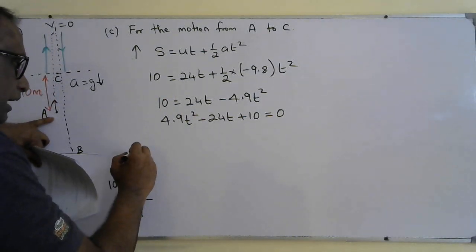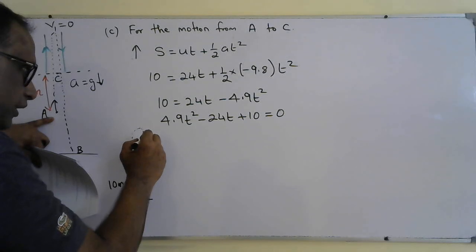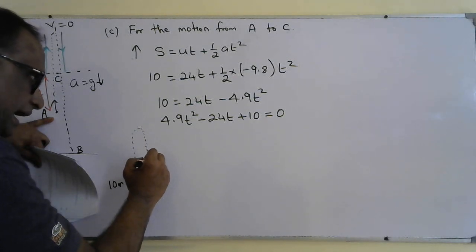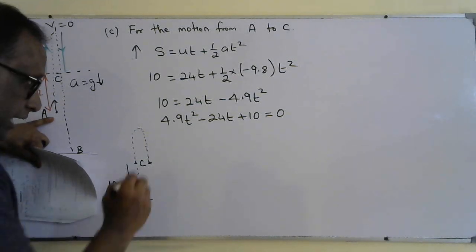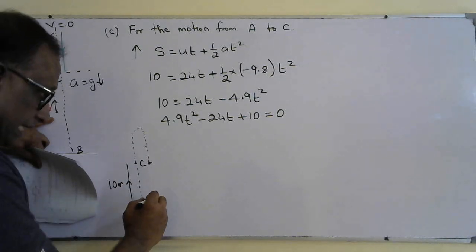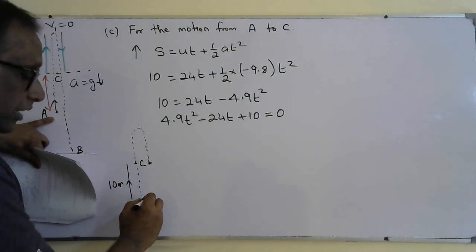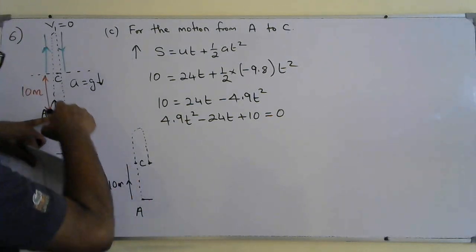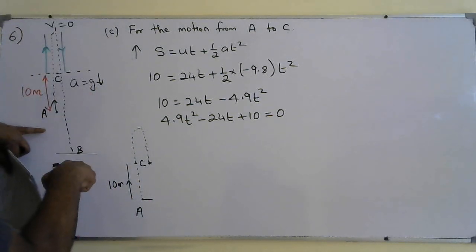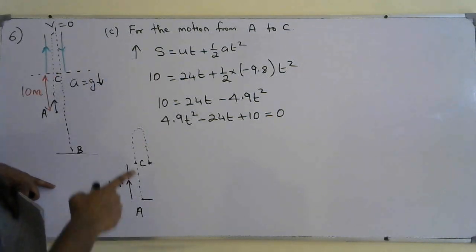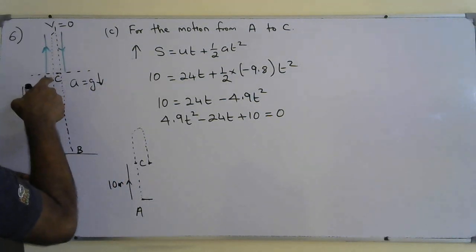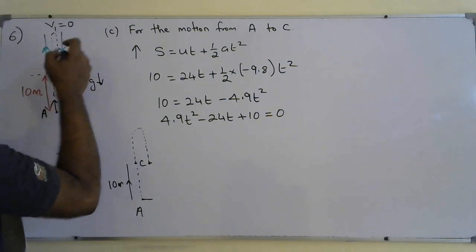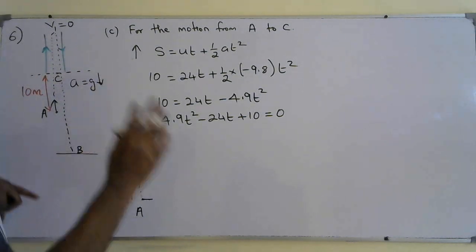Then it moves up, decelerates, reaches the highest point. When it is coming back also, again it's going to pass the point C, again 10 meters above A. So during its motion from A to B, twice it's going to pass the point C, once in the upward direction, then once in the downward direction.